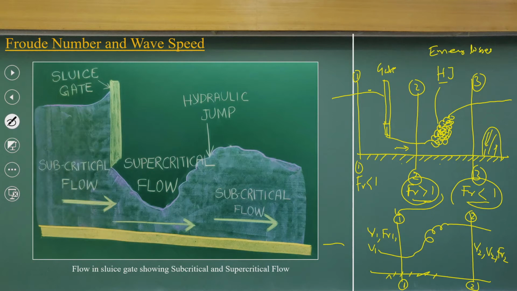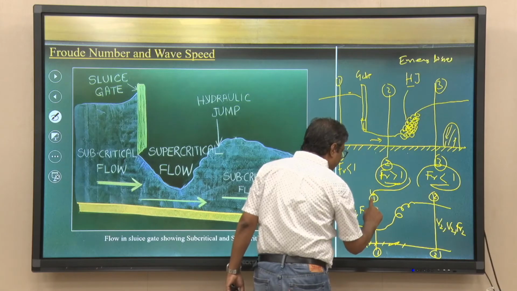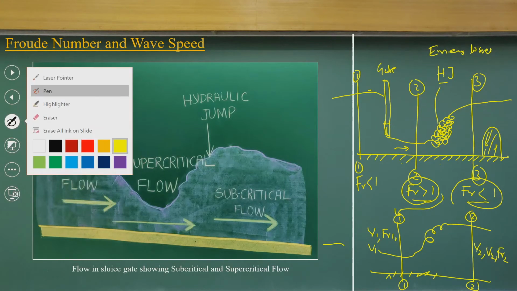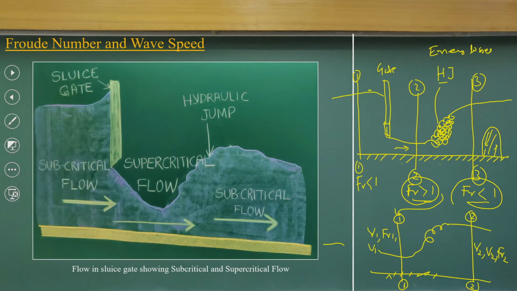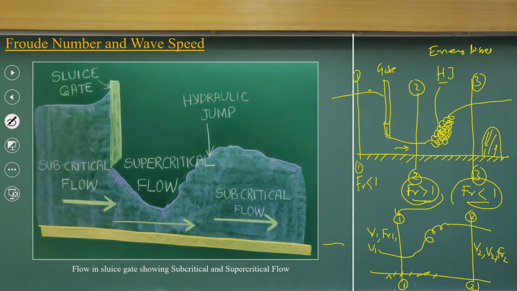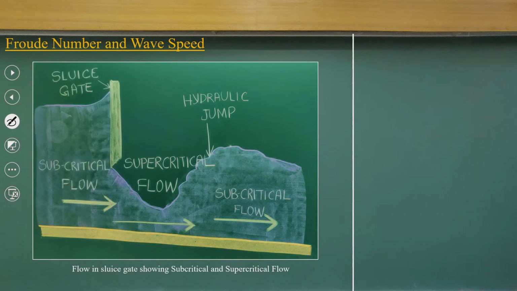This is very simple. I can use a control volume, as I taught you in detail about control volumes, to analyze a hydraulic jump. So, let me resketch the problem.